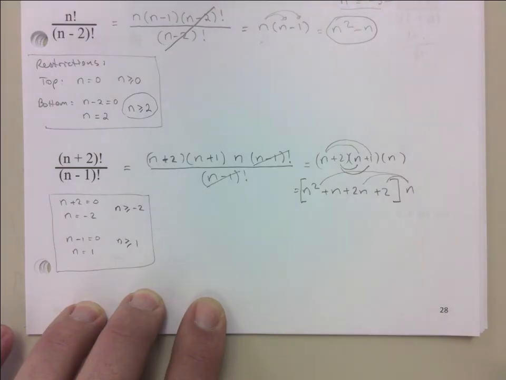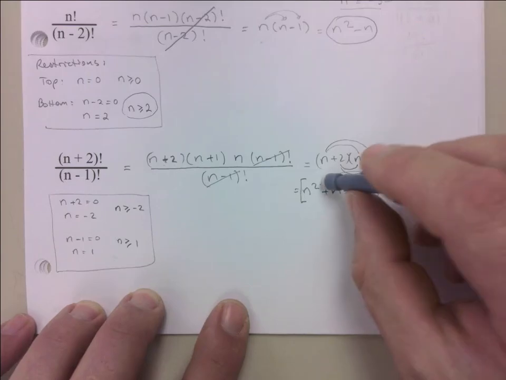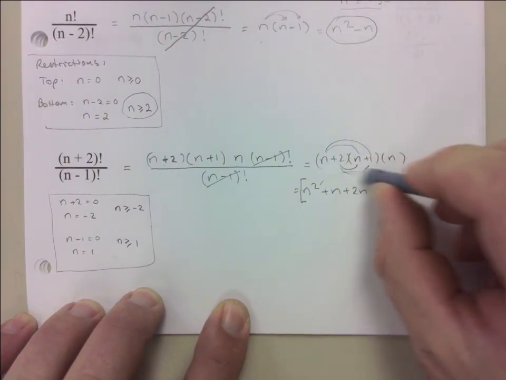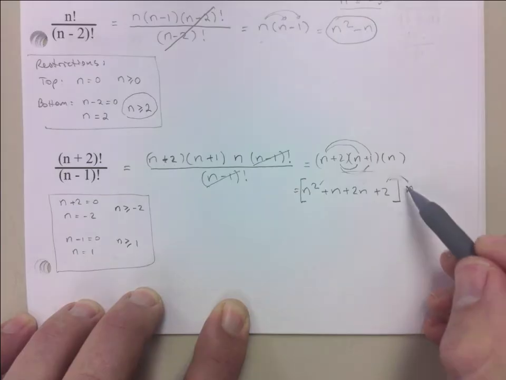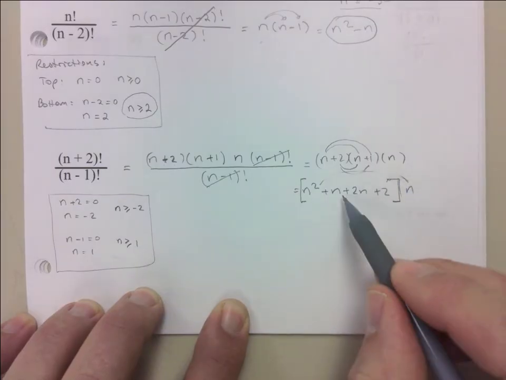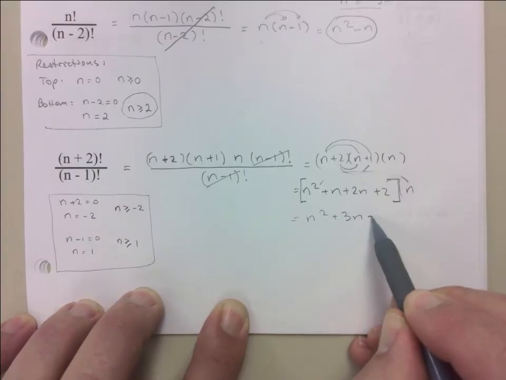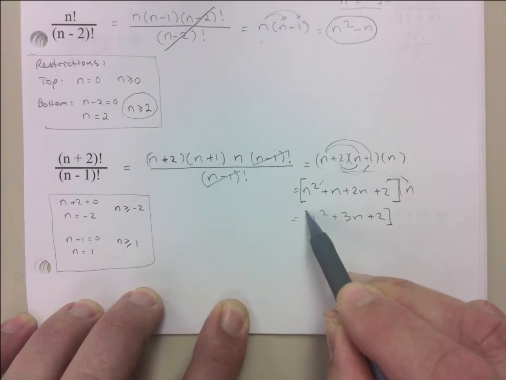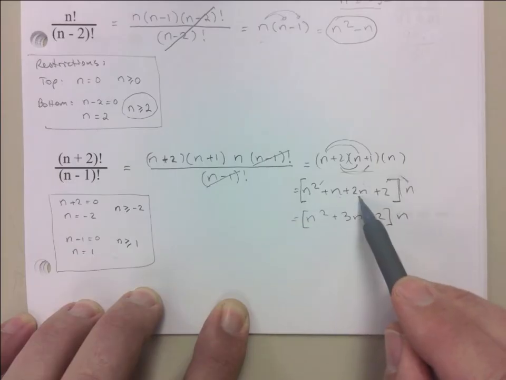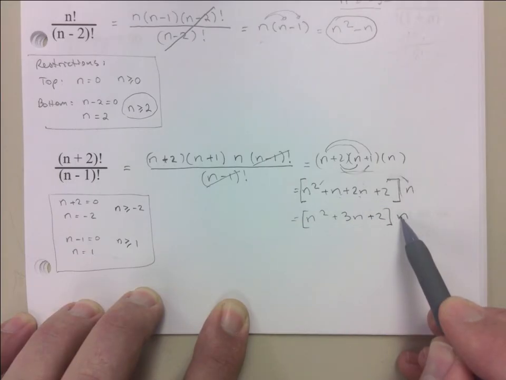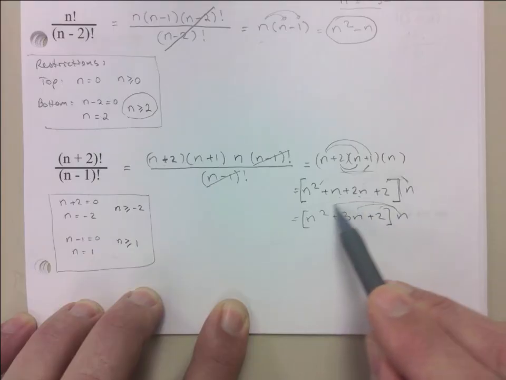Oops. You know what? It can be done the way I did it, but I'm going to clean the inside up first. Sorry about that. I've got n and 2n, right? So that's really n squared plus 3n plus 2. So I combine like terms, right? These two get combined. Then you distribute.